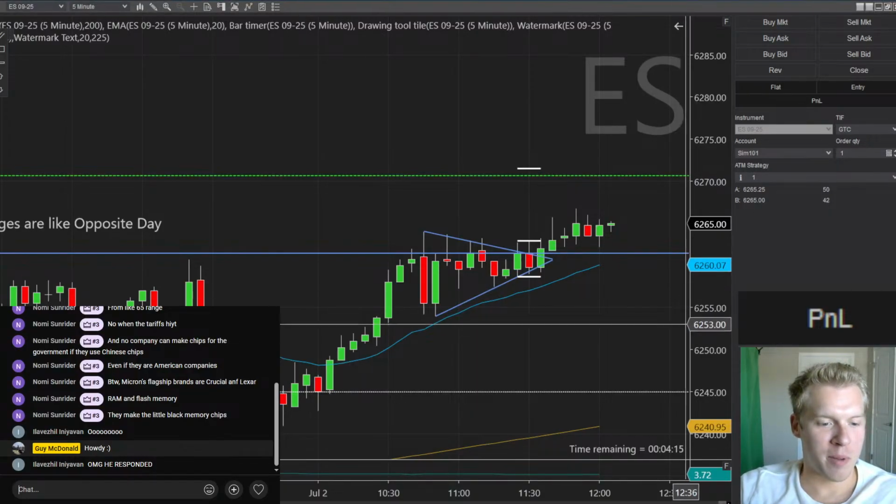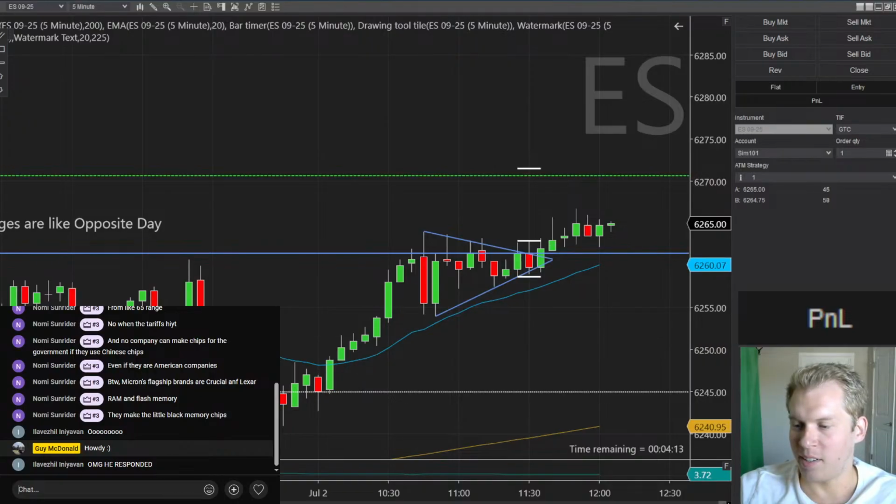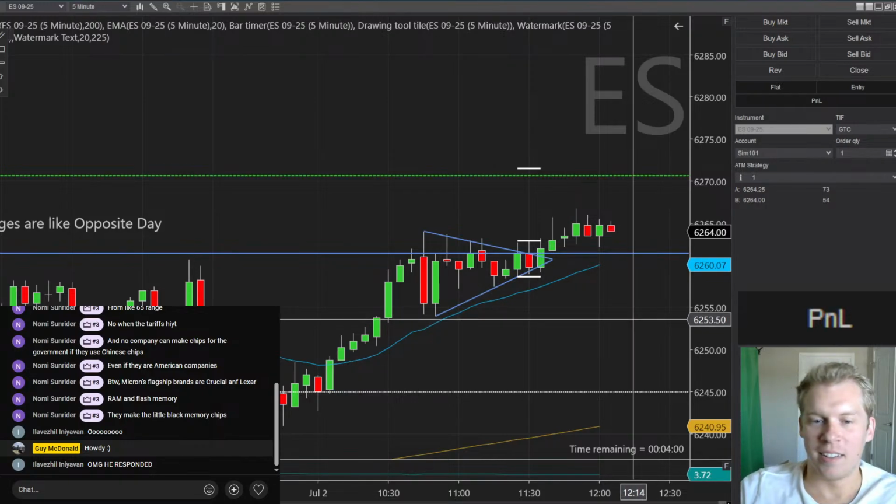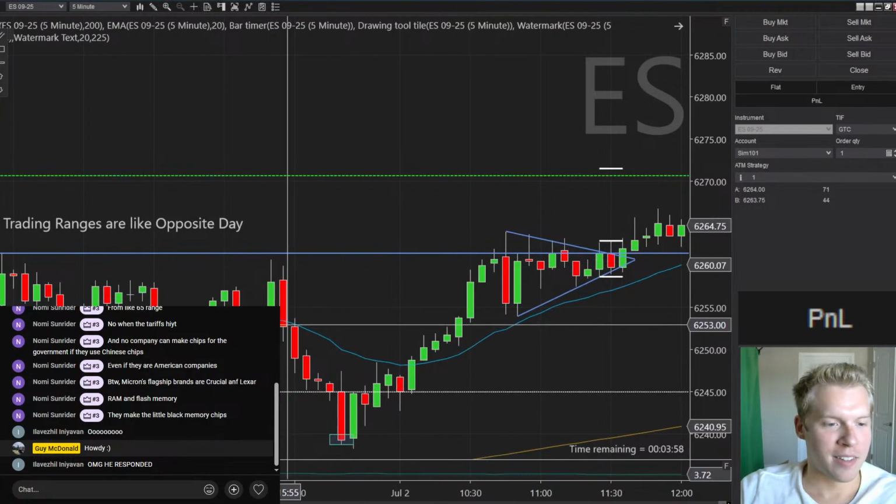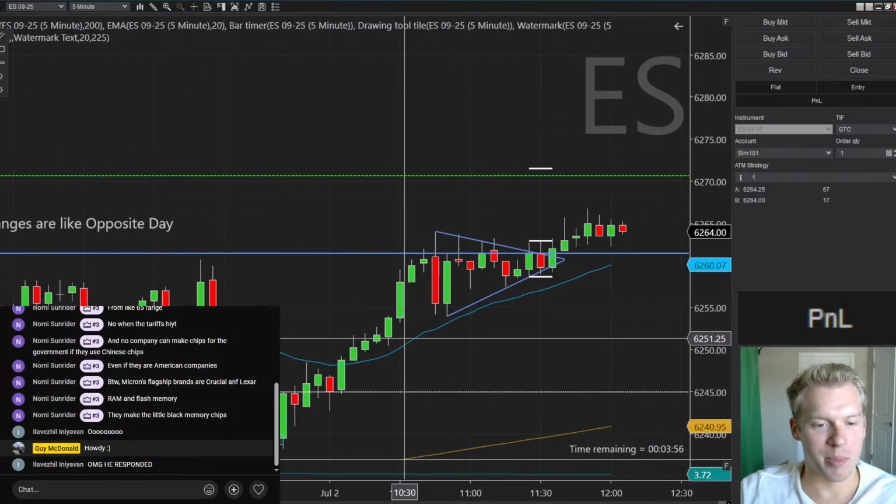I've been relying on this drop in volatility that you get during the summer to get back to normalcy. I'm very particular. I want my bars to be a certain size.